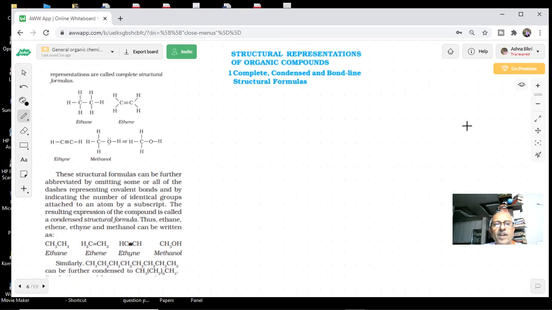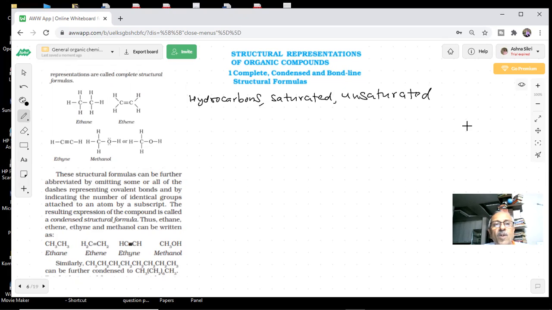You already know that carbon forms hydrocarbons, which contain carbon and hydrogen. You have saturated and unsaturated hydrocarbons. You know about that.